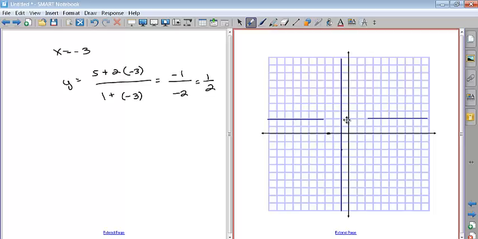So that's my x-intercept. My y-intercept was 5. 1, 2, 3, 4, 5. This is making more sense now. And we did this point, which we said was negative 3 1/2. So that's there. So it's going to come along like this.